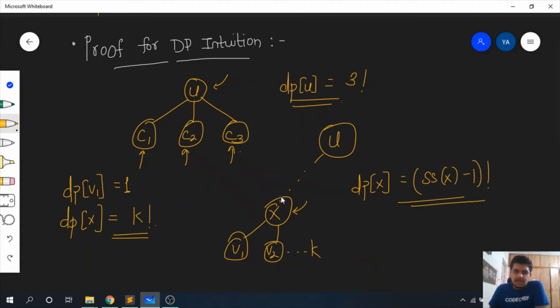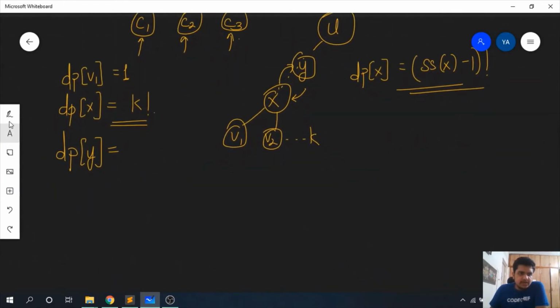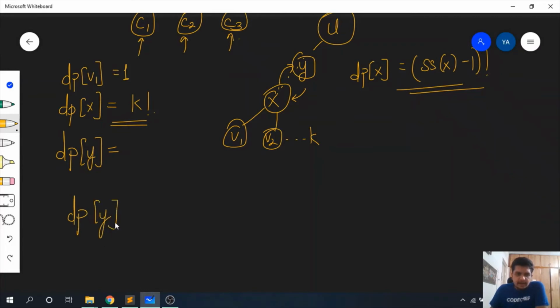Now let us consider the node above x. Let this node be, say, y. So dp of y, let us consider it has children x1, x2, x3 and so on, up to xc.